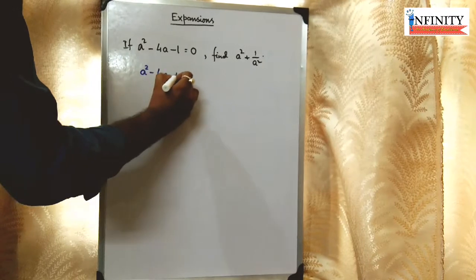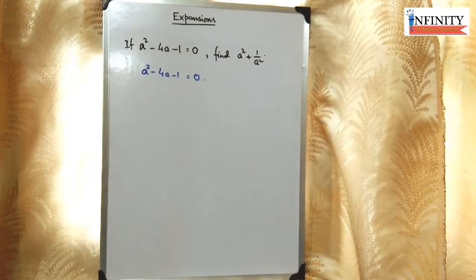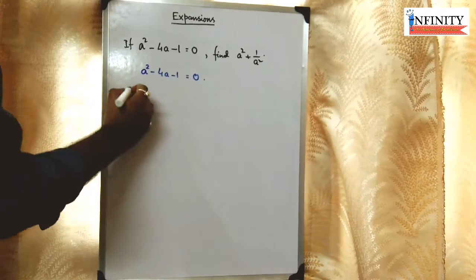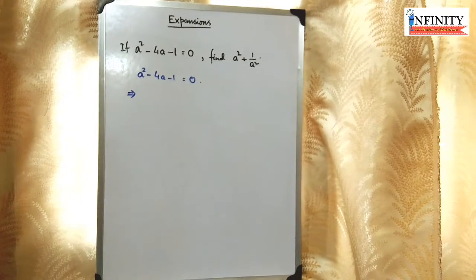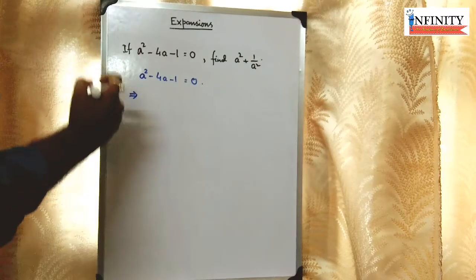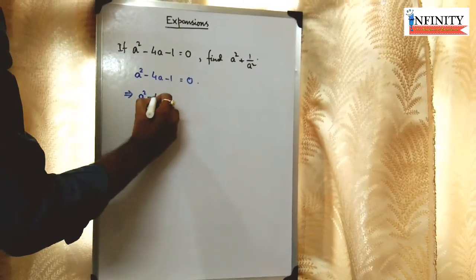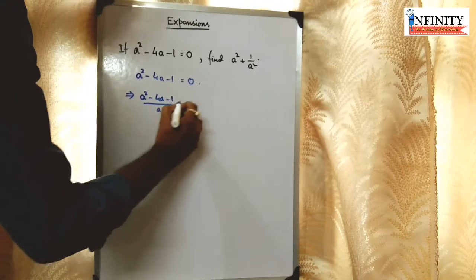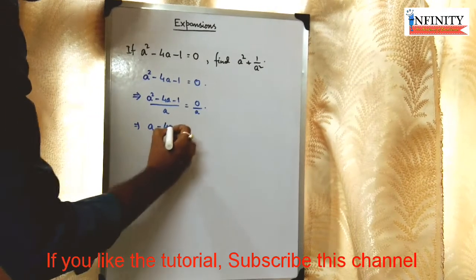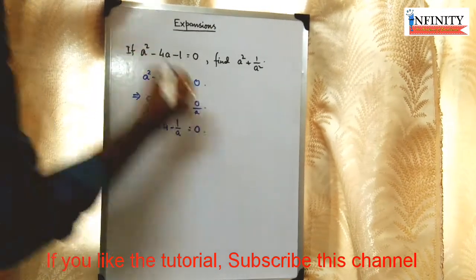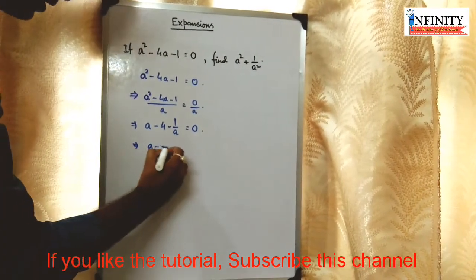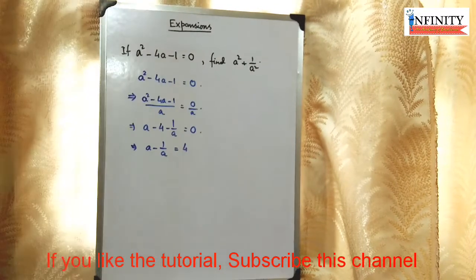Just see the form, that is a square minus 4a minus 1 equals 0. See, if we divide this equation by a on both sides, then it will be a minus 4 minus 1 by a equals 0. Correct? Then from this we can write a minus 1 by a equals 4.